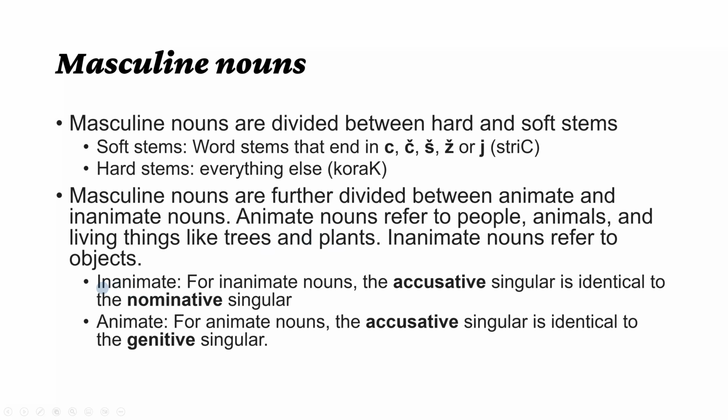An inanimate object, for instance, a chair, its accusative is dependent on the nominative. Its accusative will be the same as its nominative. But for animate objects, its accusative will be the same as the genitive. Okay? I hope this makes sense.